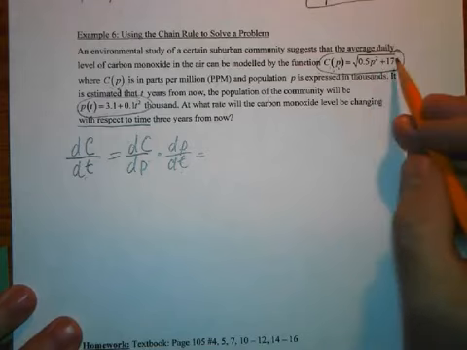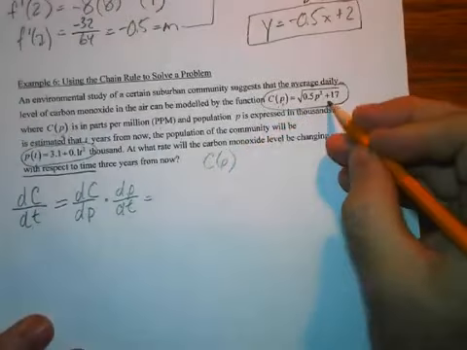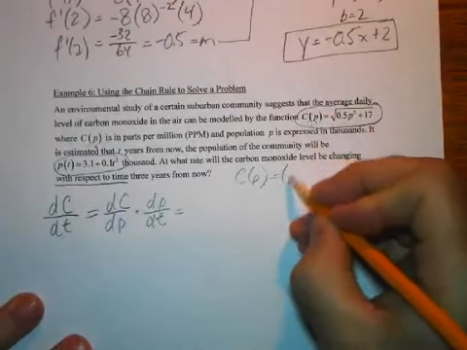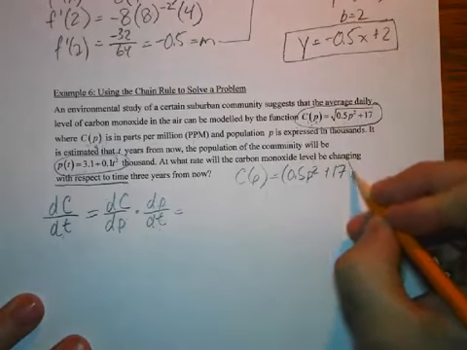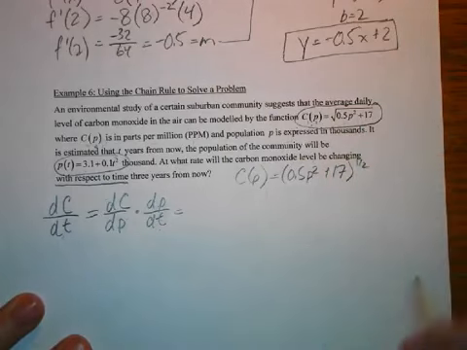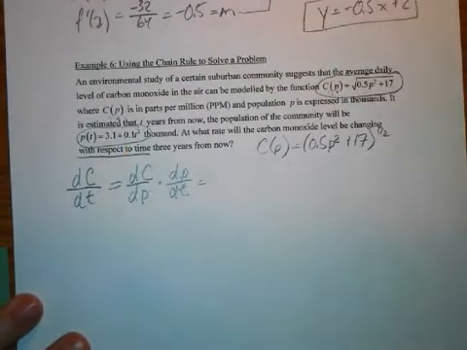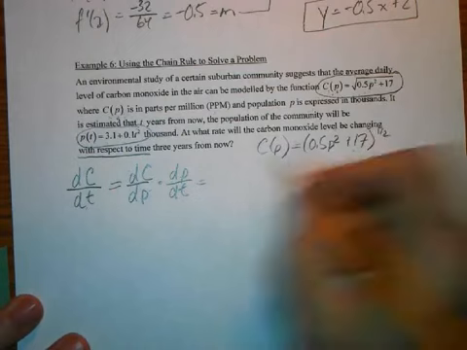So think of this as, I'll just write it out here, c of p. I'm going to change the square root just so I can think of it as more of an exponent. So 0.5 times p squared plus 17 to the power 1/2. And this one's already written like that, so I don't really have to change it. So if I'm taking the derivative of this with respect to p, the 1/2 comes out front.